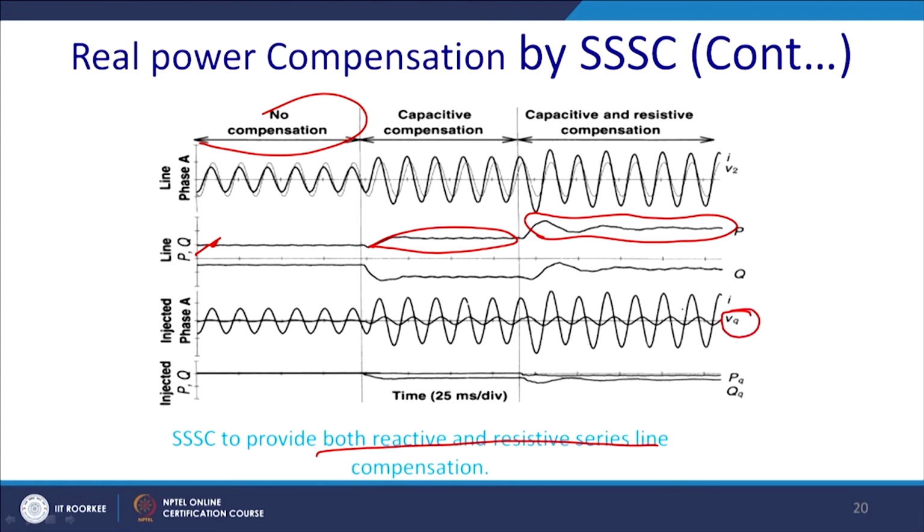This corresponds to VQ, the voltage injected, and this corresponds to the line current I. And this is the injected real power and the reactive power. Initially there is no compensation, so it is not injecting any P or Q, and this is a capacitive compensation. So, there will be a Q, there is no P, and here both P and Q are present since it is inserting both.